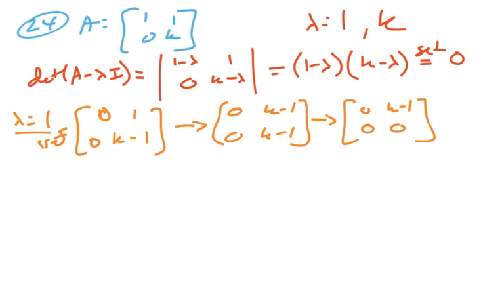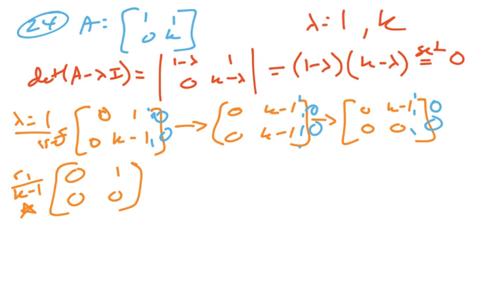Now I want to REF this thing, so I'm going to divide by k minus 1 on top, so I get 0 and then 1, okay? But in order to do that, I had to do row 1 divided by k minus 1, and this is going to be the issue. I really augmented this thing with 0 the whole time, so it doesn't change much.